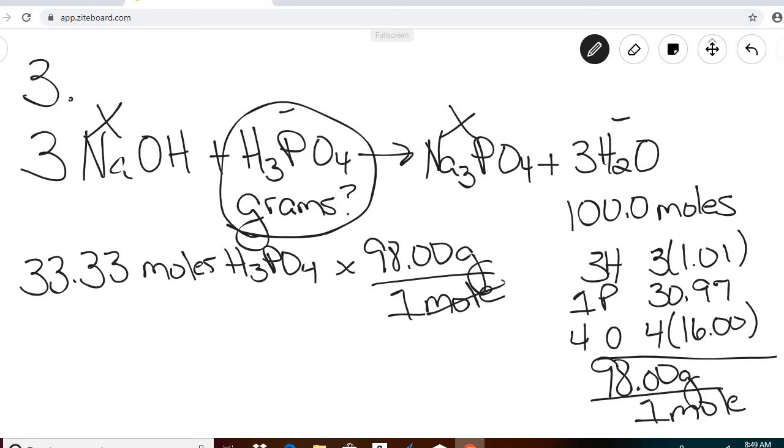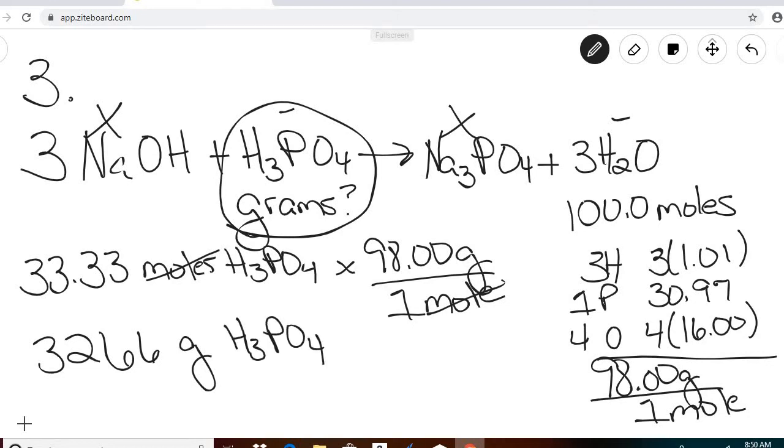Okay, so moles are going to cancel, and then 33.33 times 98 with 4 significant figures will give you 3,266 grams of H3PO4, hydrogen phosphate. Okay, so that is number 3.